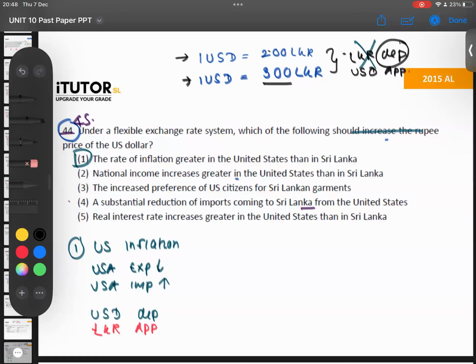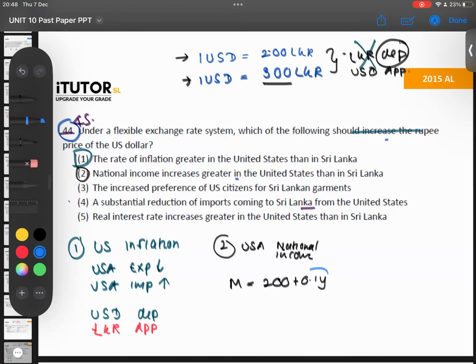Okay. Then Lamai, number 2. National income increases greater in the US than Sri Lanka. Remember, Lamai, I have taught you in unit number 6 that there is a connection between national income and imports. In a country, if national income increases, what happens to imports? Their imports will increase. Remember, imports are equal to, for example, 200 plus 0.1y.